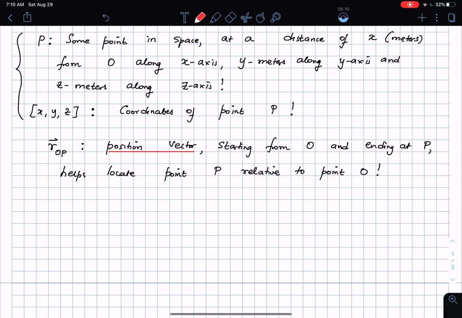The important thing is that it starts from the point O, which means the first subscript is the starting point, and it ends at the point P, so the last subscript is the ending point.